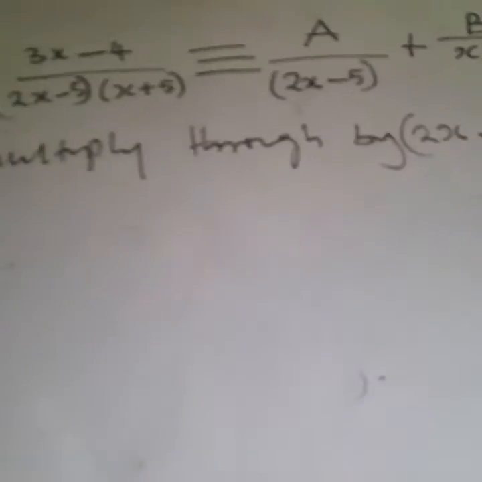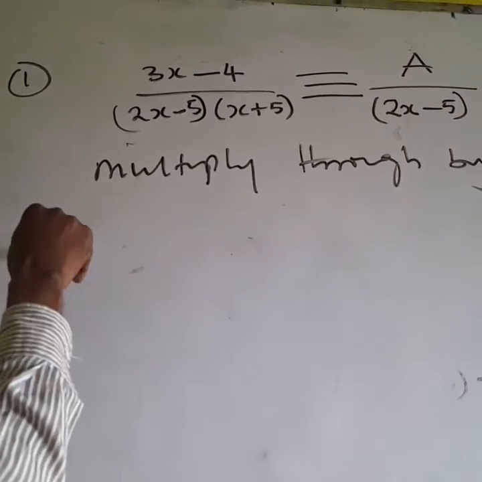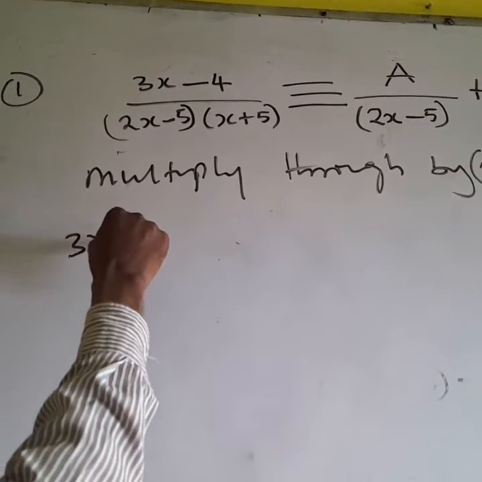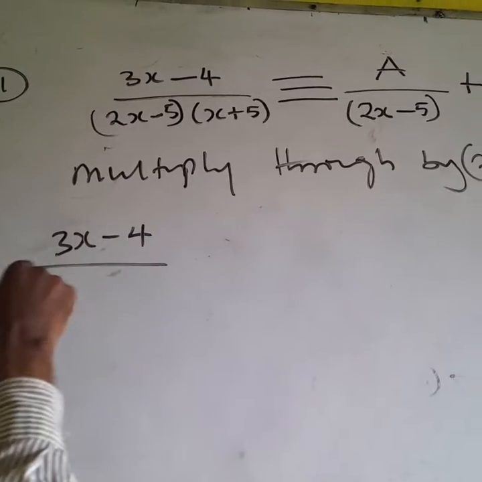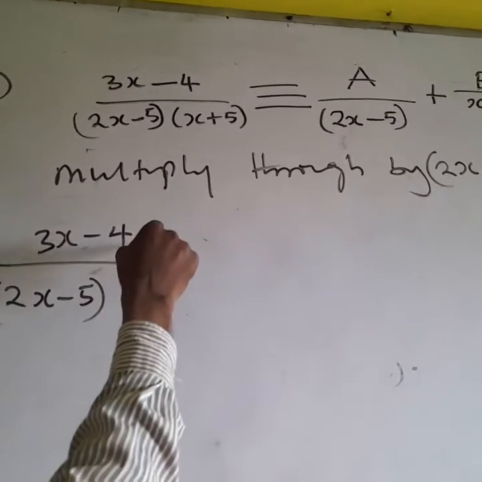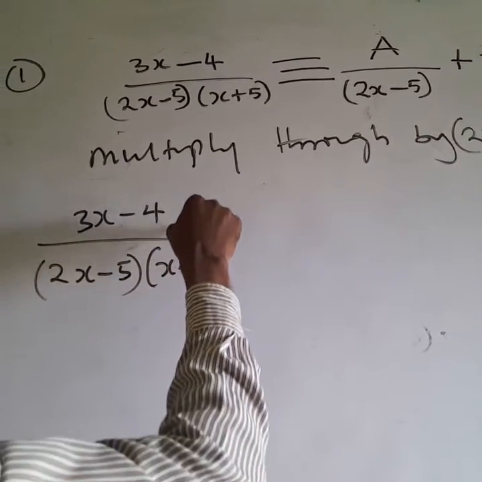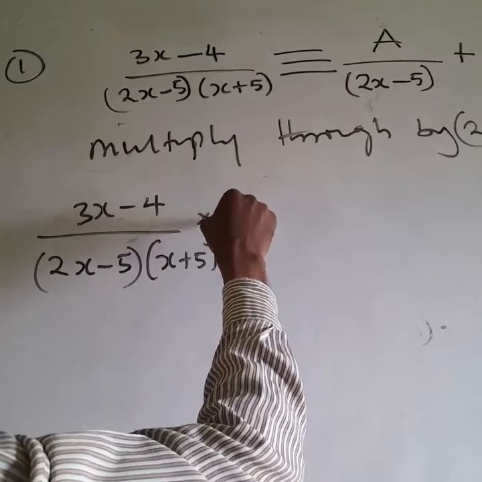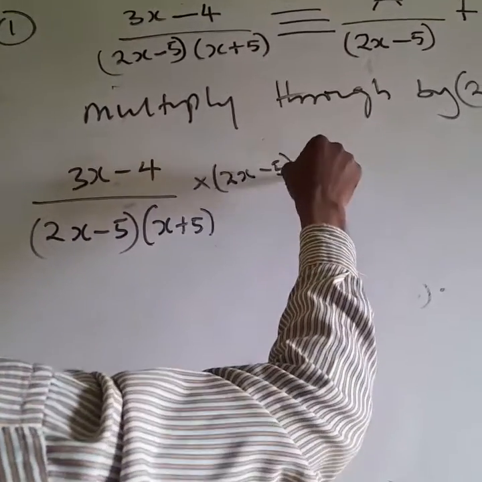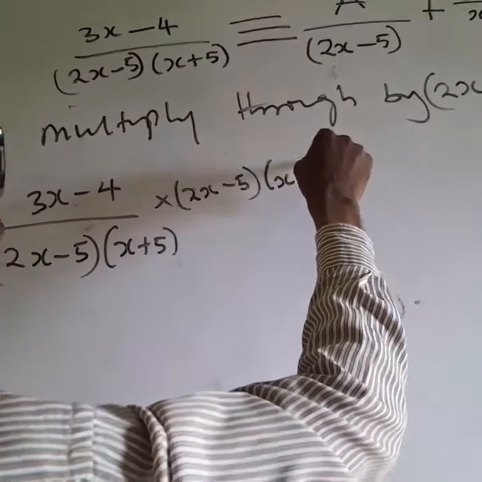So you come over to this side, you have 3x minus 4 all divided by 2x minus 5 into x plus 5, all multiplied by 2x minus 5 and x plus 5.